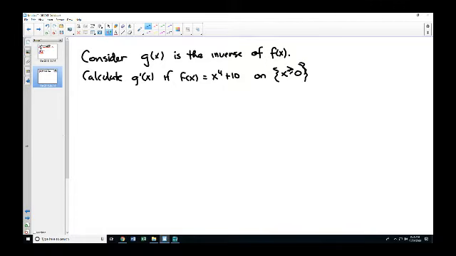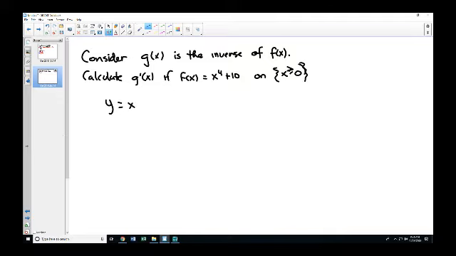Why do we have to define the domain? The square root of a square gives us a positive or negative, right? This domain restricts us to just the positive version, so it gives us a single function to worry about.